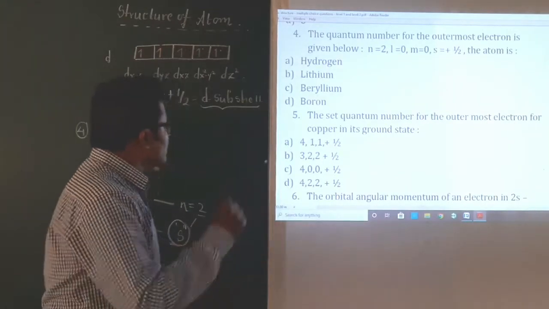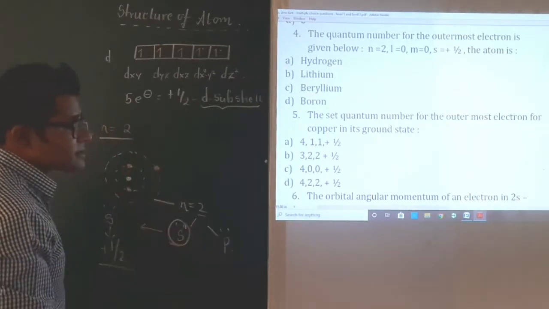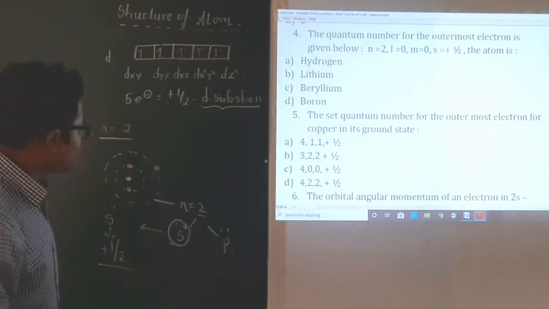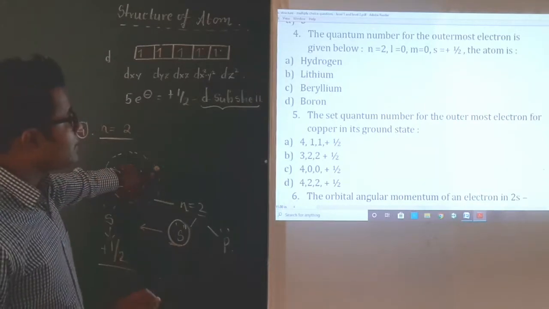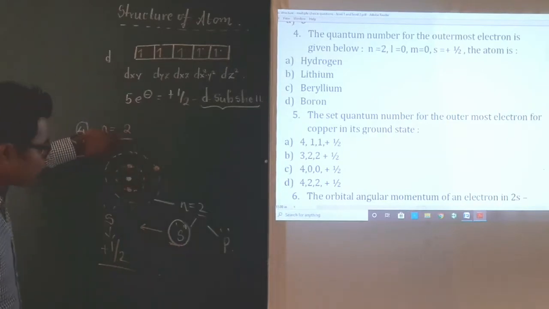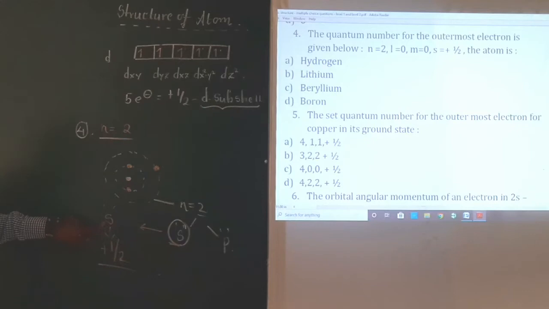They are asking which particular element this can be. As we have 1, 2, 3, only 3 electrons, the third electron has n equal to 2, l equal to 0, m equal to 0, and s equal to plus half.